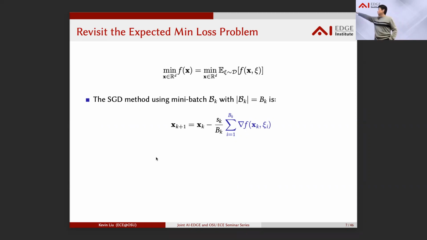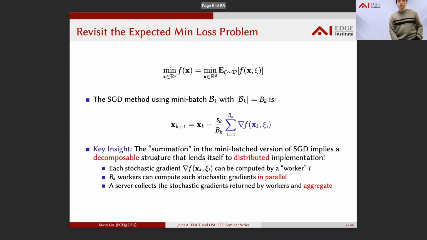In each iteration, you draw a mini batch B_k with batch size also B_k, and then you do this iterative update. The next iteration of the model parameter will be equal to X_k in the current iteration following some stochastic gradient step, averaged over this mini batch.